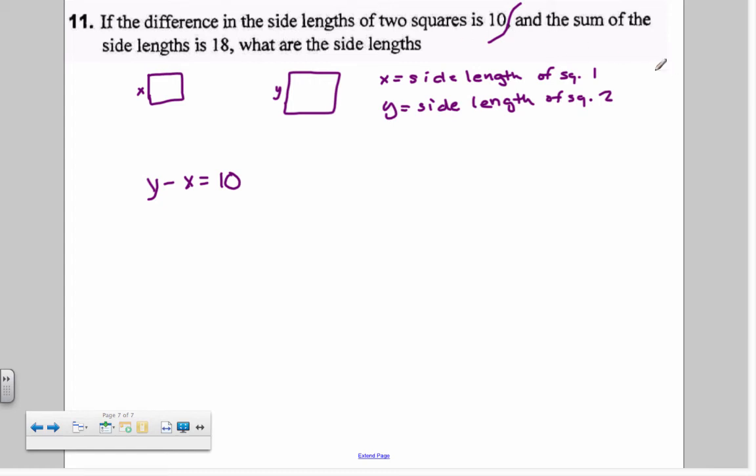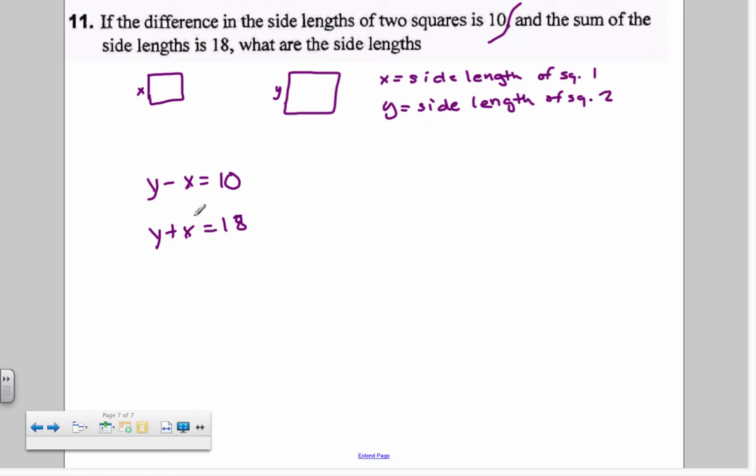And then it says the sum, well, sum means addition. You can have y plus x equals 18. Now, you could have x minus y. It just happens to be that I drew my squares this way, and that's what makes sense, y minus x. But you should still get the same two numbers doing it opposite.